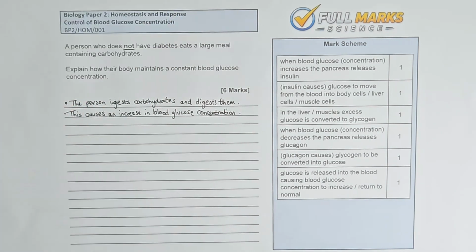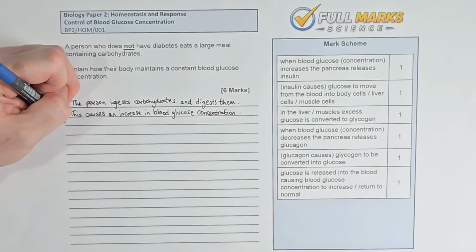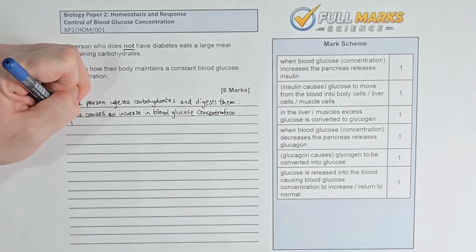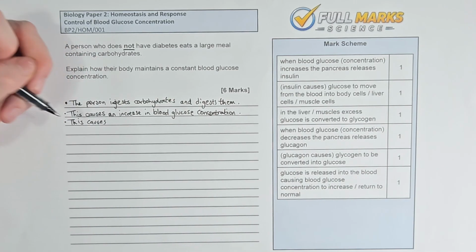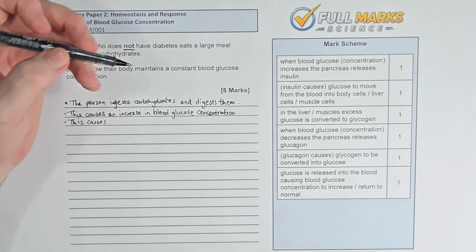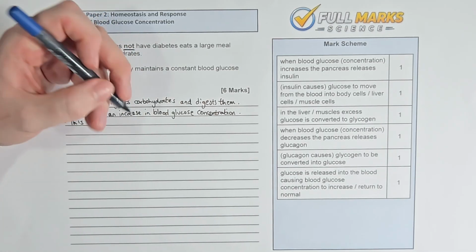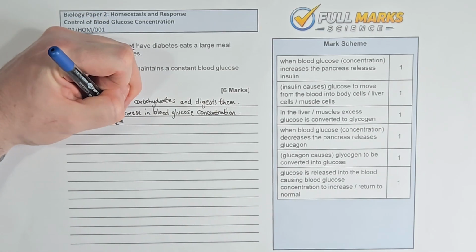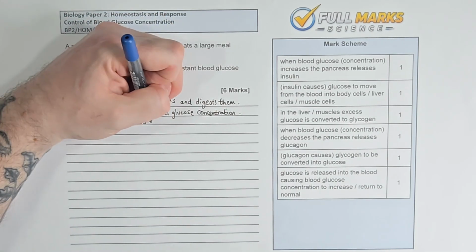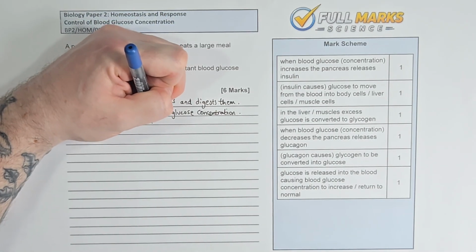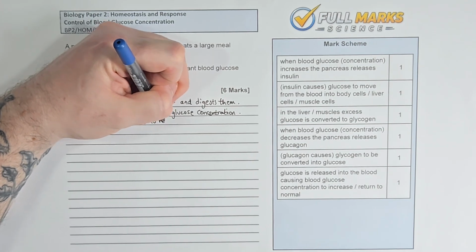The glucose causes an increase in blood glucose concentration. And this is the point. So this causes, so there's going to be a lot of this causes in this answer because we're doing a chain of events. This causes the pancreas to release insulin.